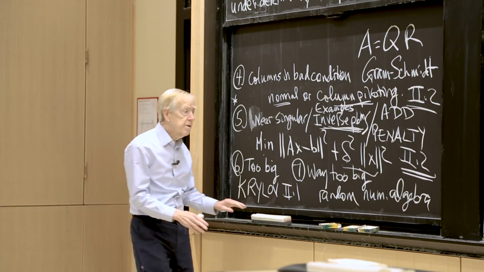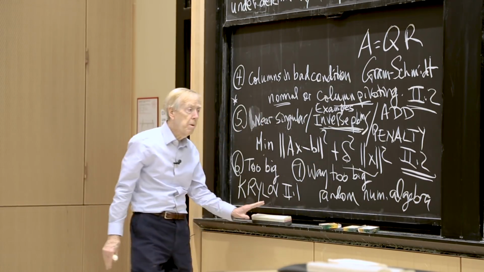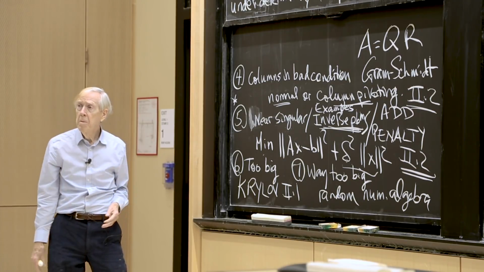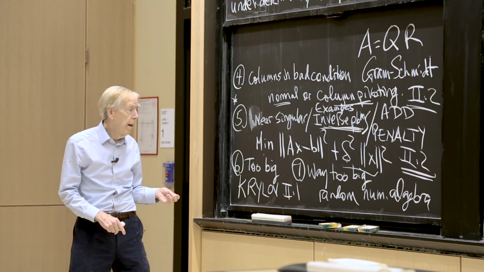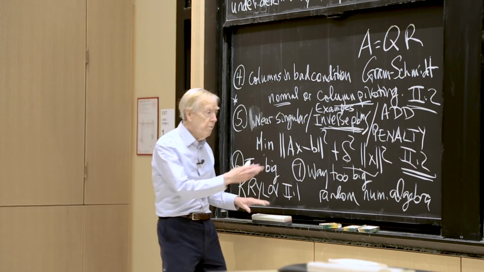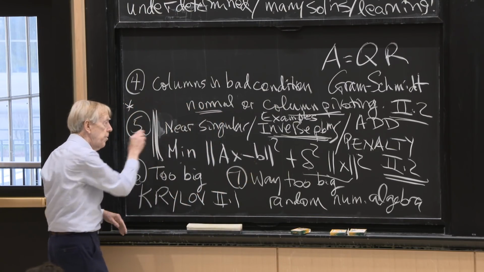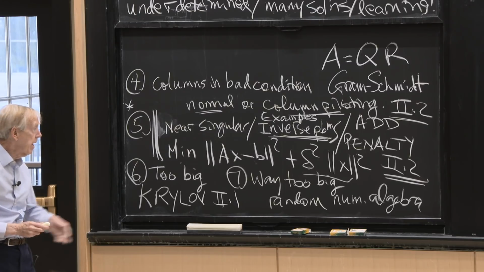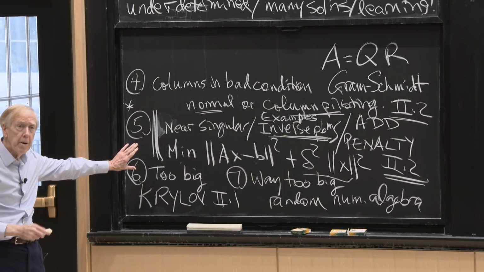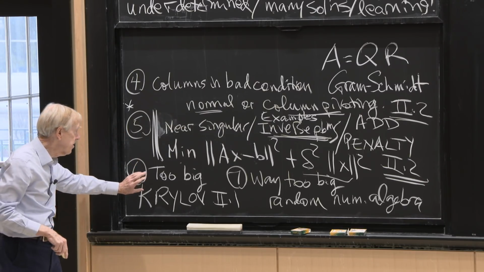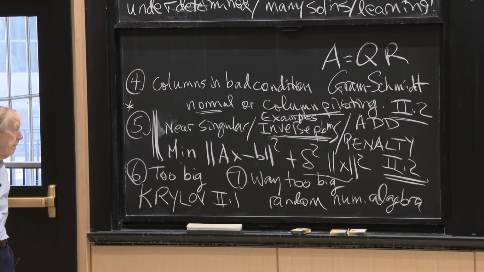And if you make this bigger and bigger and bigger, it's more and more well-conditioned. It resolves the trouble here. And so today I'm going to do more with that. So I'll stop there and pick it up after saying something about 6 and 7.